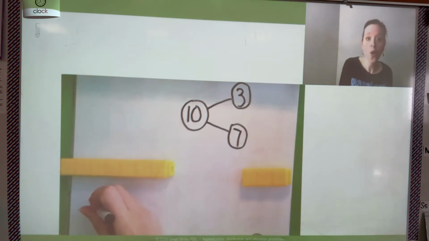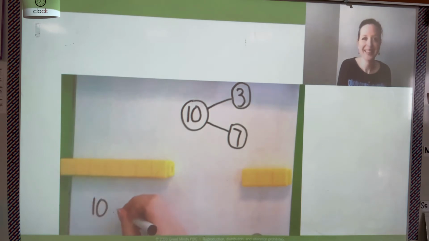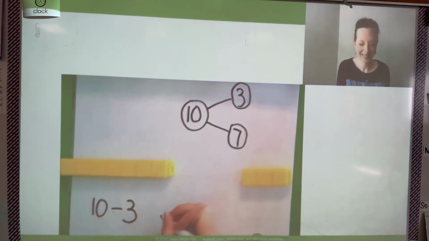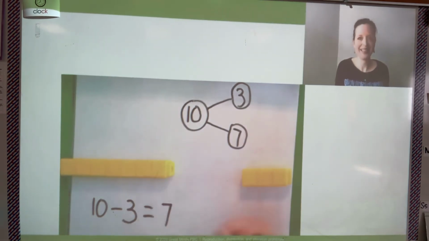Start with our whole of 10. Our minus sign, that's how we know it's a subtraction sentence. 3 equals, it means it's the same as 7. Let's say our number sentence all together. Ready? Go. 10 minus 3 equals 7.